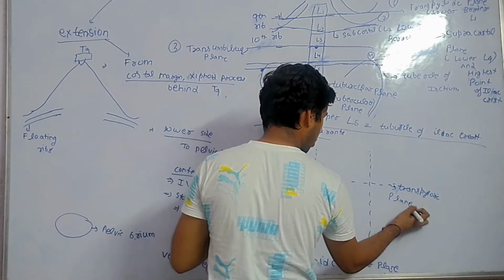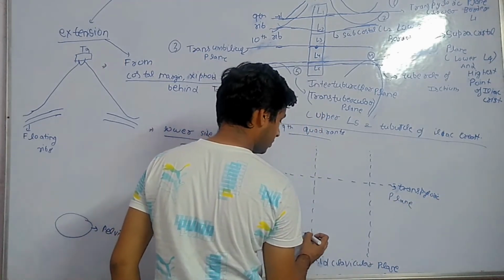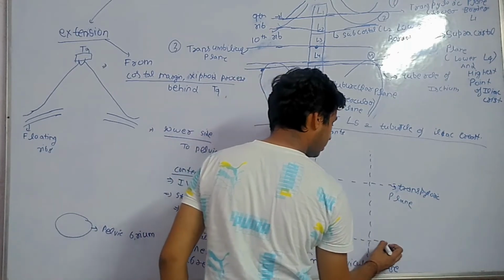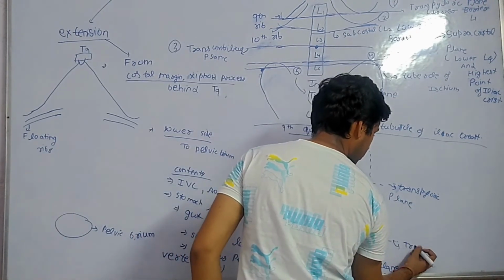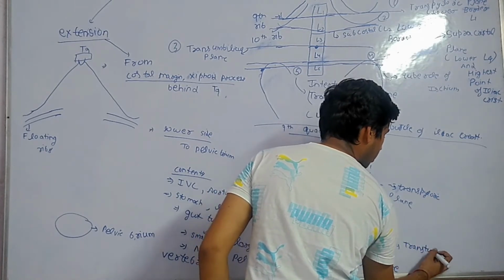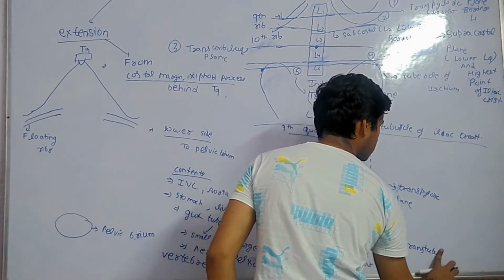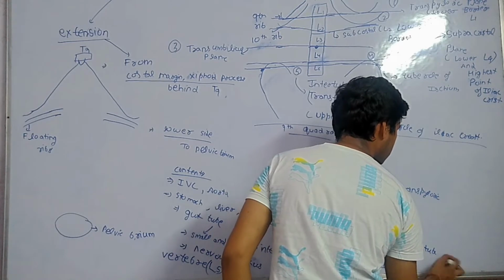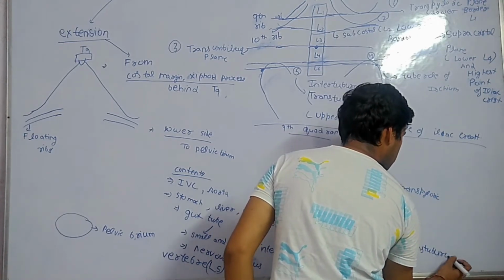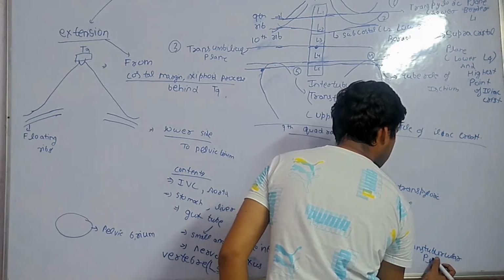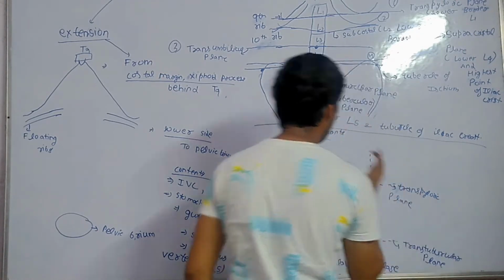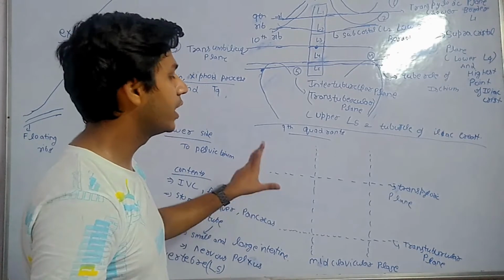And below, here is the transtubercular plane. These are 4 planes which divide the abdomen into 9 segments.